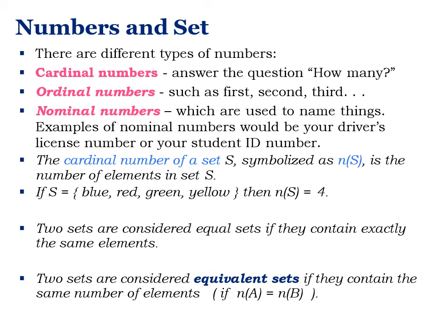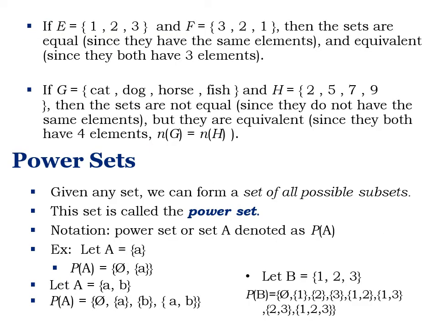If they are equivalent, they contain the same number of elements. So for example, if set E has the elements 1, 2, and 3, and set F has the elements 3, 2, and 1, then the sets are equal since they have the same elements, and equivalent since they both have 3 elements.